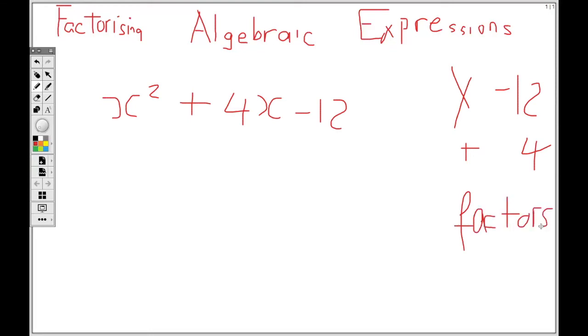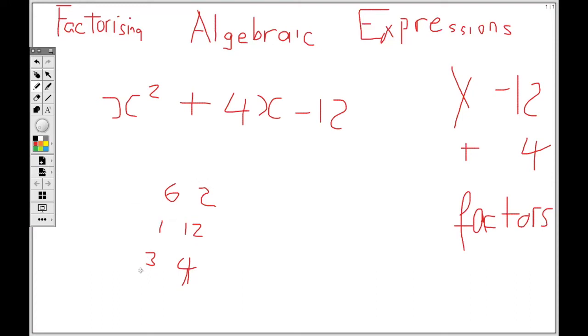Now what you can do, you can list the combinations that give you 12: 2 times 6, 12 times 1, and 3 times 4. All of these multiply to give you 12. Now we have to look at which combination adds to give us the middle number.